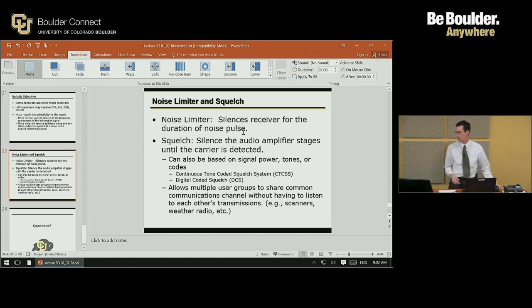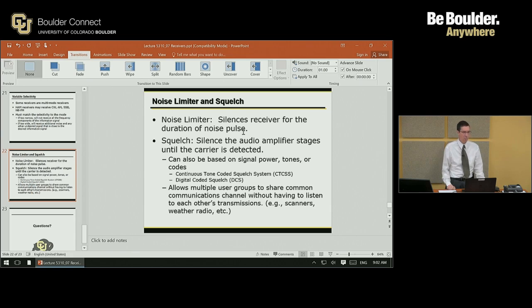It also talks about a third kind, which is a code-based squelch. Meaning if it receives a certain digital code, then it will open up. Some of the FRS radios, the family radio service radios that you can buy at Home Depot or Costco, will use the codes. Let's say this one supports 32 codes.